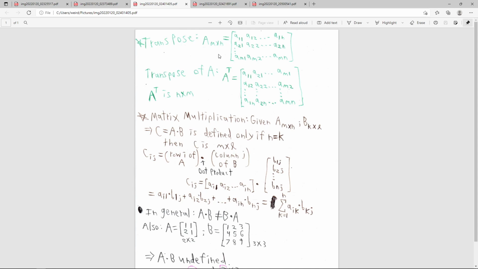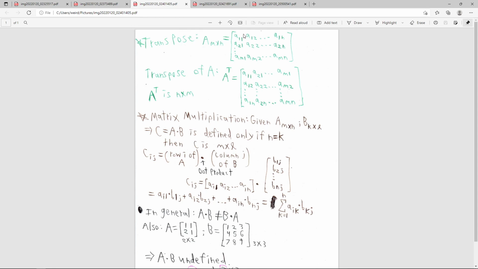Transpose is a little bit simple as well when you think about it. You have A, m times n. The transpose of A is an n by m matrix. The best way to think of it is that you're just swapping rows and columns: you make the rows columns and the columns rows. So here's a row, A11, A12, A1n; now it's a column, A11, A12, A1n.